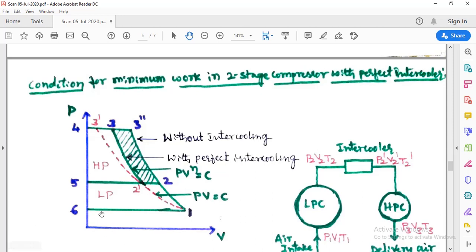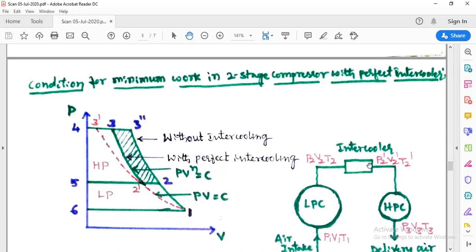See, this volume V1 is entered into the LP cylinder, and after it is compressed, the volume becomes V2. So at V2 volume, it enters the intercooler here, so that its temperature will be decreased. That is, T2 dash is equal to T1, the initial temperature. So the volume is reduced since the cooling takes place at constant pressure.